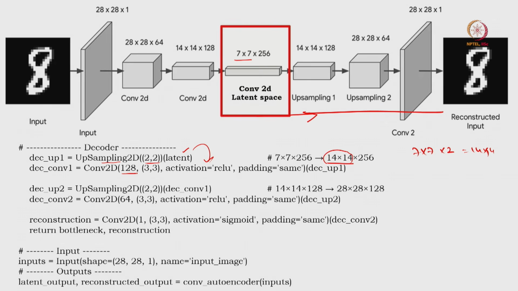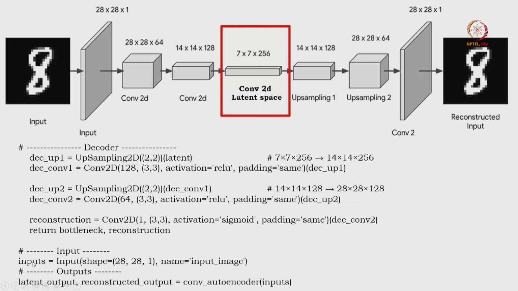So whatever this 256 is, when you perform a deconvolution operation, the output will be 14 cross 14 with 128, because there are 128 such kernels. Right, so this is what we have seen.